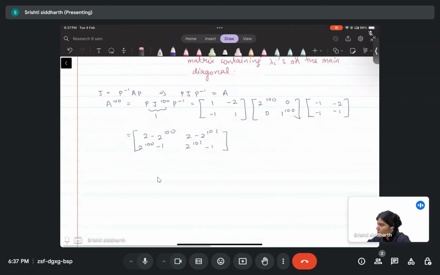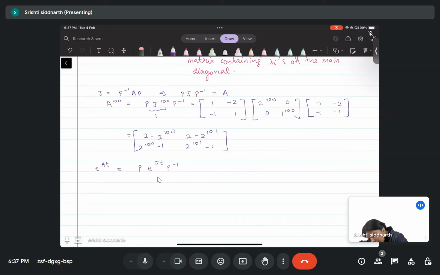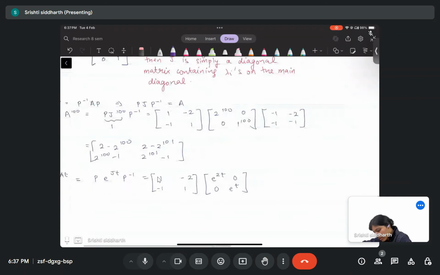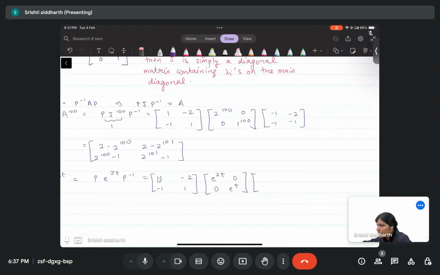Similarly, we need the exponential of the matrix A. So we have e to the power At is now P e to the power Jt P inverse. Again, because we have that special diagonal form, the Jordan normal form, this is simply e to the power 2t and e to the power t, the exponential of the elements on the main diagonal of J. And then P inverse.